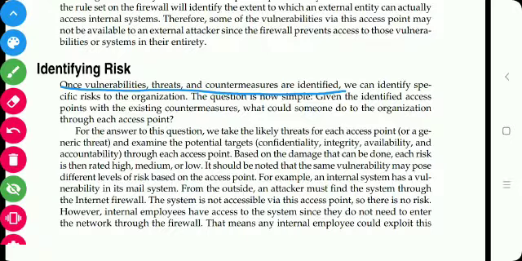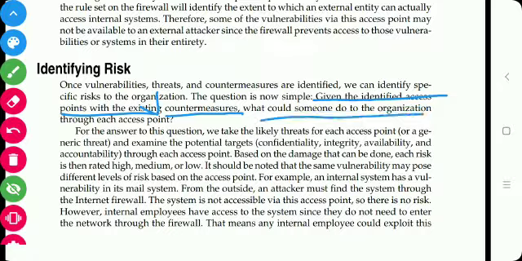The question is, given the identified access points, means the identified vulnerabilities, then the existing countermeasures, which countermeasures are available, and which are the threats, then what is the risk for the organization. So we have to simply answer these three components, and we have identified all three: vulnerabilities, threats and countermeasures. So it is very easy to identify the risk.